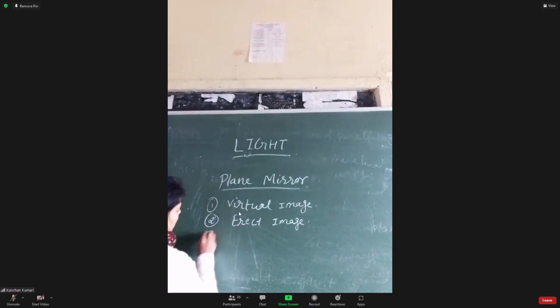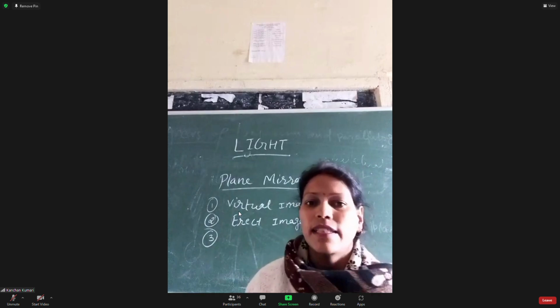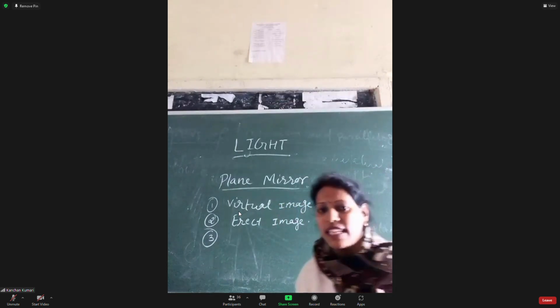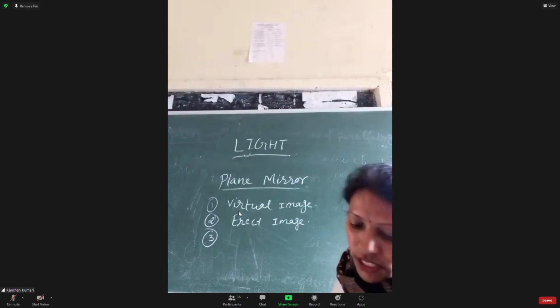Next, the image will be at the same distance from the mirror. As the object is outside, the image will appear the same distance inside, behind the mirror.